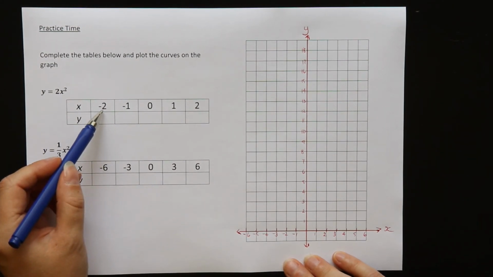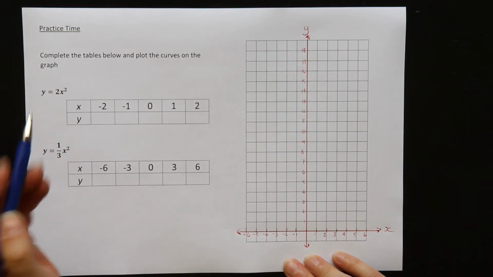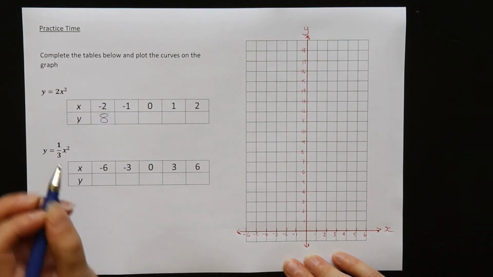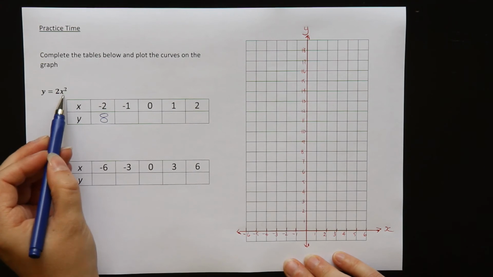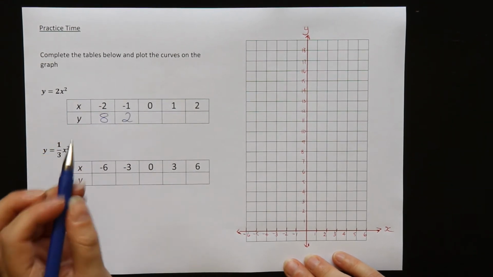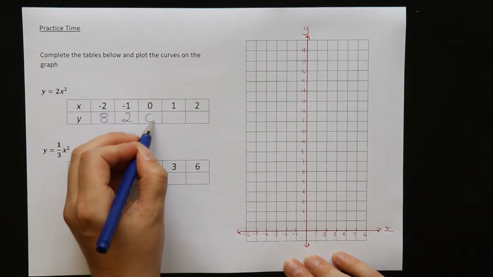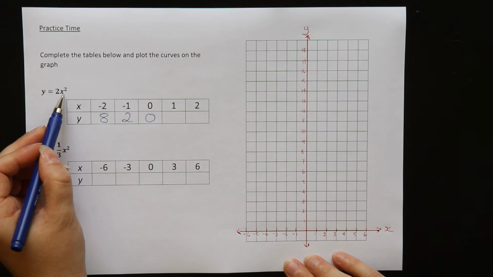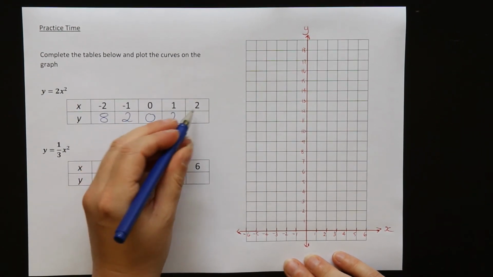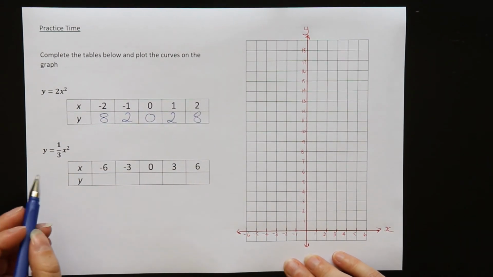If x is equal to -2, -2 squared is 4 times 2 is 8. -1 squared is 1 times 2 is 2. 0 squared is 0 times 2 is still 0. 1 squared is 1 times 2 is 2. 2 squared is 4 times 2 is 8.